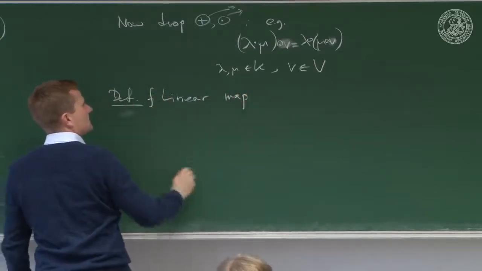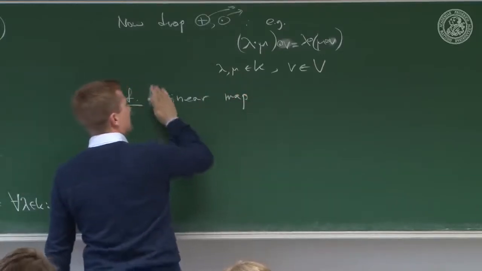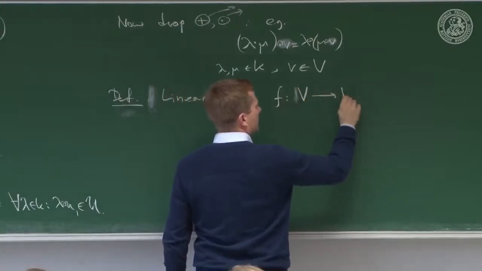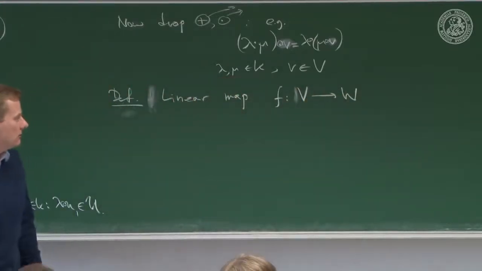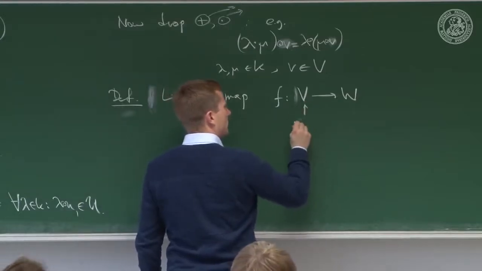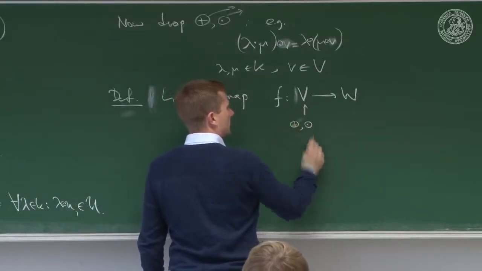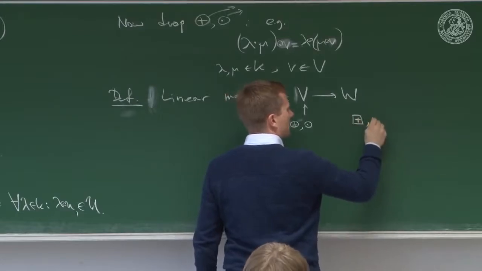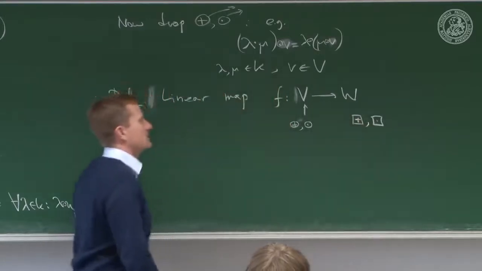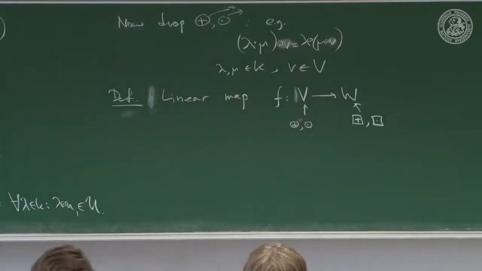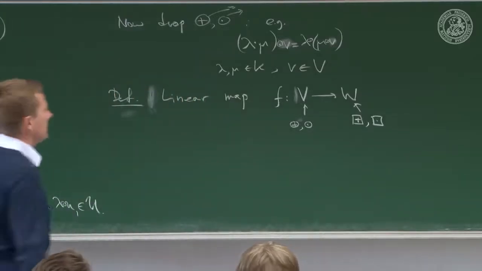So F is called a linear map, a linear map F from one vector space V to another vector space W. And now I should again emphasize this may be equipped with circ plus and circ times, and this is equipped with box plus and box times, because different vector spaces can carry different additions and scalar multiplications.